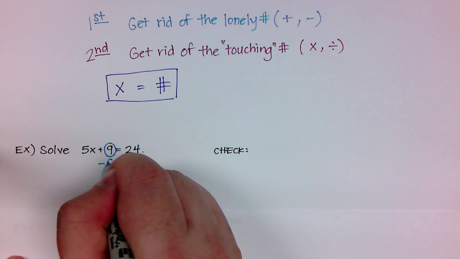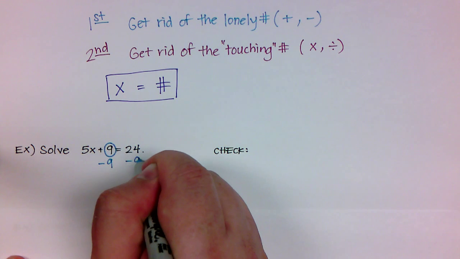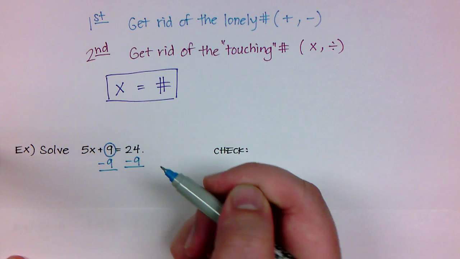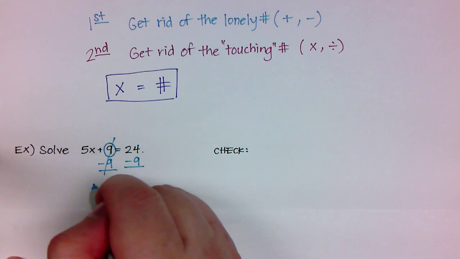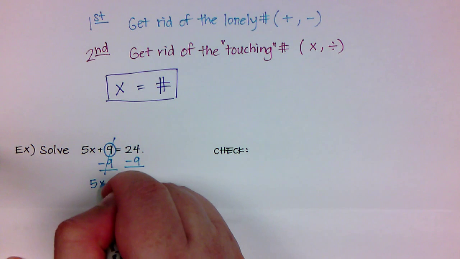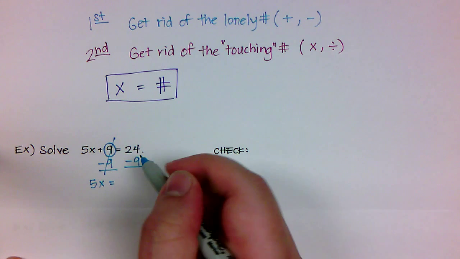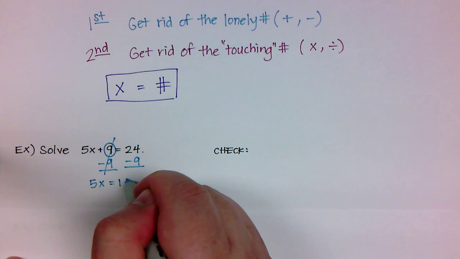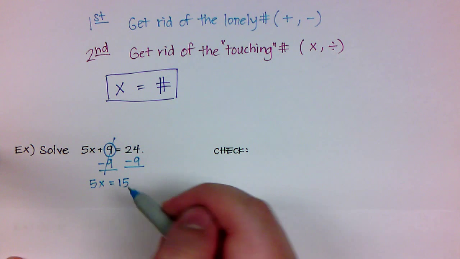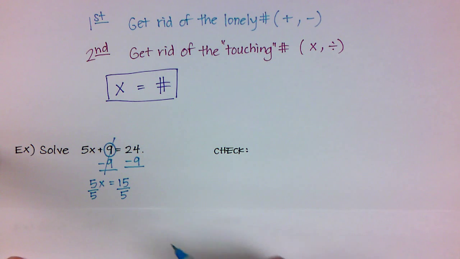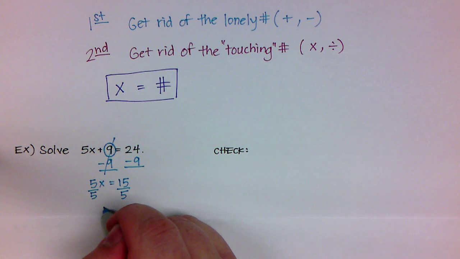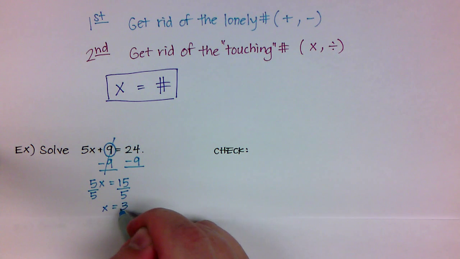So instead I want to subtract 9 on both sides first. All right. Those will cancel out. And I'm going to rewrite what I have. I have 5x is now equal to what? Looks like 15. Right? If I divide both sides by 5, then in the end, I'm going to come out with x is equal to the number 3.